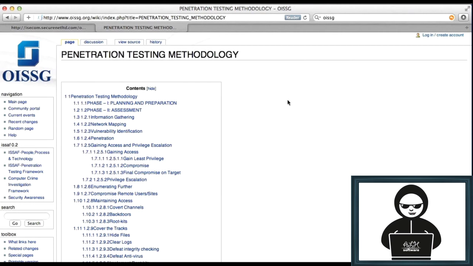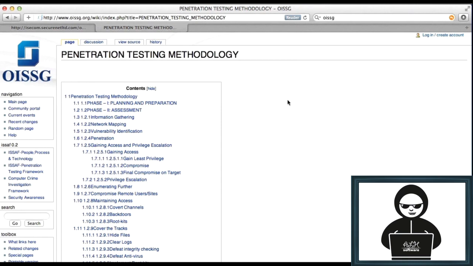This methodology is more targeted at, I just want to see if I can break in, and what you would do to do the penetration and how you would handle that, as well as getting out and covering your tracks, and also cleaning up and destroying any artifacts from your test.